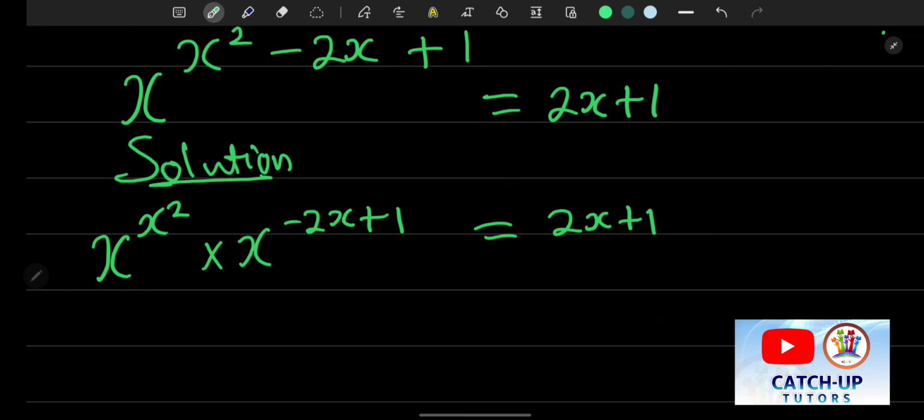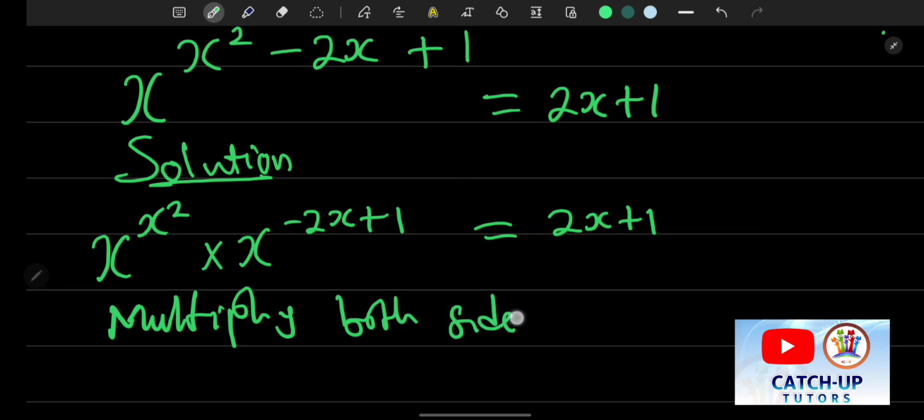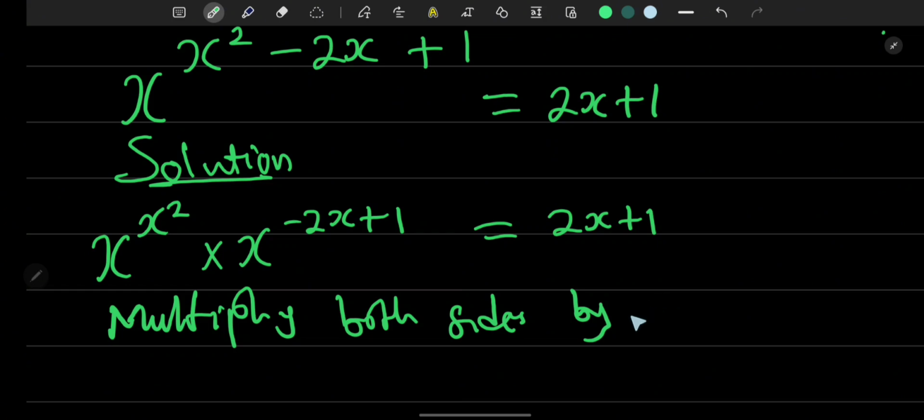Now let's multiply both sides by x to the power of 2x plus 1. Okay, multiply both sides by x to the power of what? 2x plus 1.